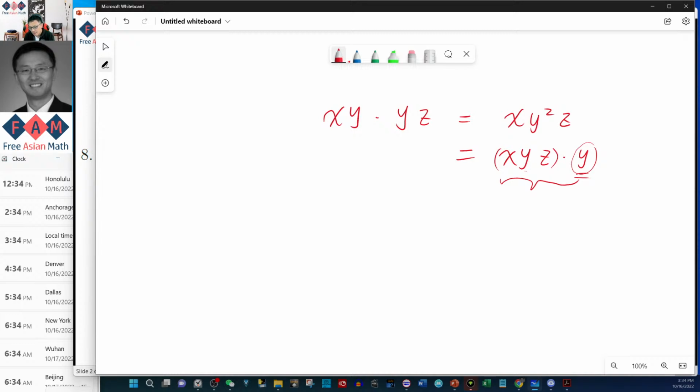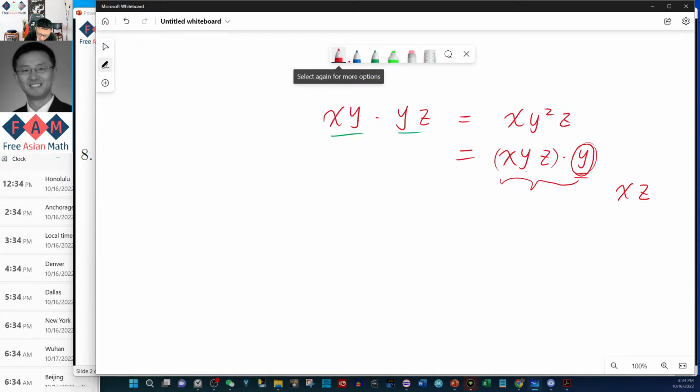But wait a second. Because of the cyclic symmetry here, you see now we have 1 extra y. If we can pair this particular y with xz, then we will get another copy of xyz. And we do know xz, because so far we have only used 2 of the available conditions.